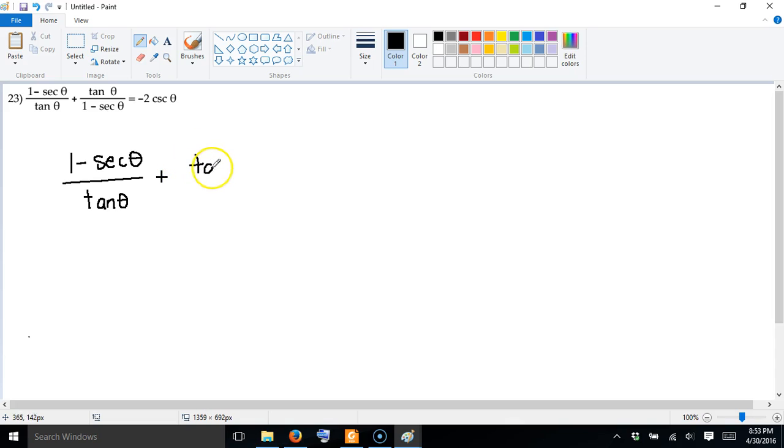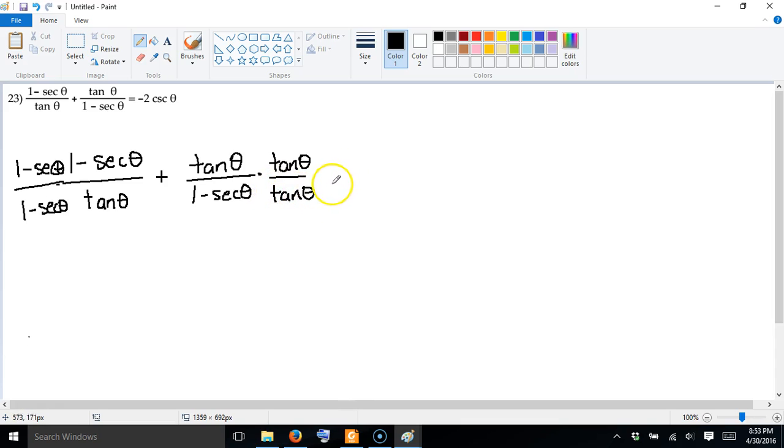Both of our denominators are not like one another, so we just multiply them together to get a common denominator. This one does not have a 1 minus secant, so let's multiply it by 1 minus secant in both numerator and denominator. This one does not have a tangent in its denominator, so multiply both numerator and denominator by tangent of theta.